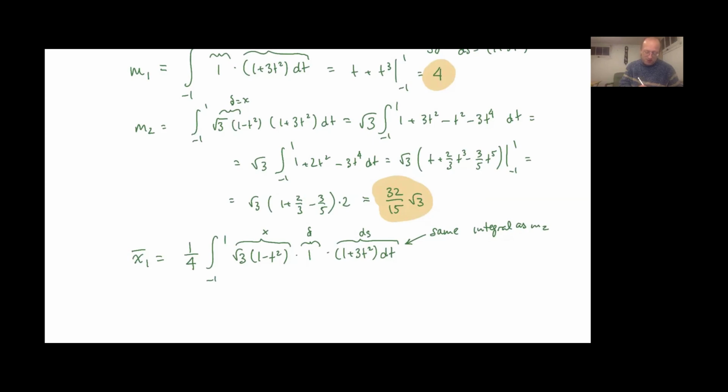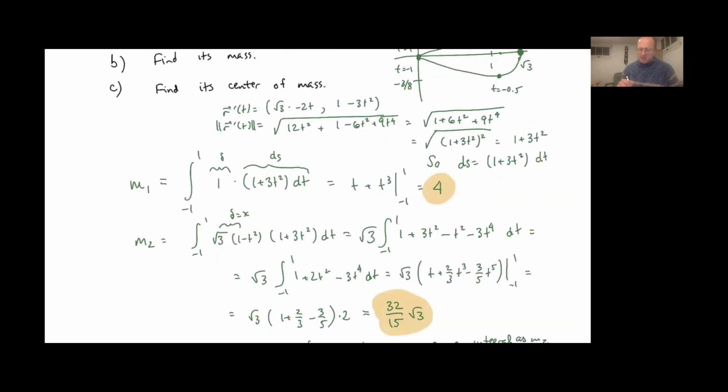There is a 1/4 in front, but we already evaluated this integral. 8/15 root 3. 8/16 would be 1/2. 8/15 is a little bit more than a half. So this is a little bit more than a half of root 3.